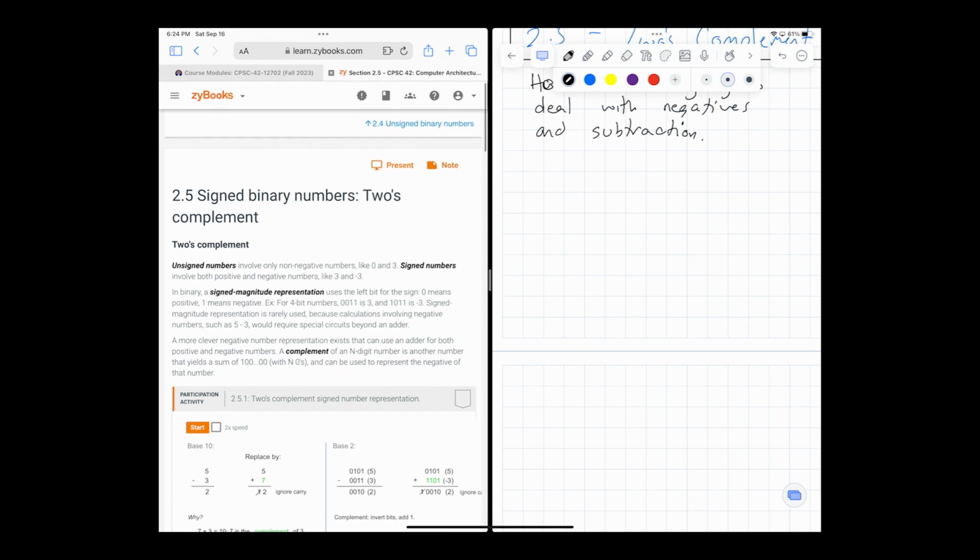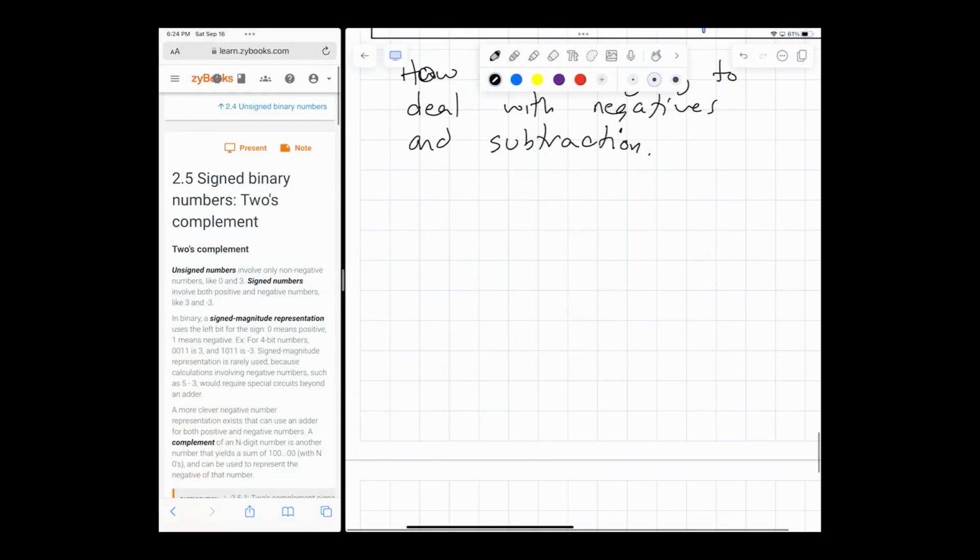So what I can say about that is what I just said. So first thing is subtraction is easy. Haha. Right? Why is subtraction easy? Because subtraction is just adding a negative number.